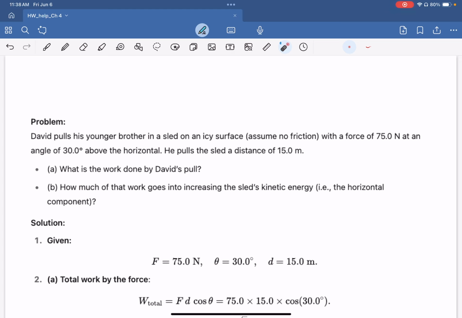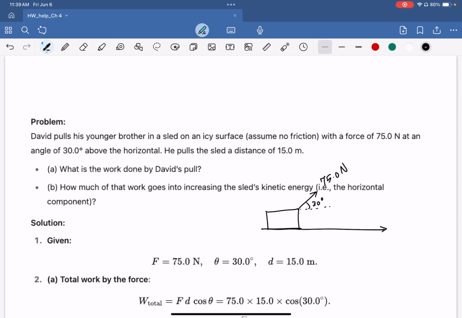Now, I'm going to draw a simple diagram to understand what's going on. So let's say that's the sled, and the force is being applied that way, and it's making an angle of 30 degrees above the horizontal. So the force itself is 75 Newton. That's the force at an angle. But the sled is moving this way, right?